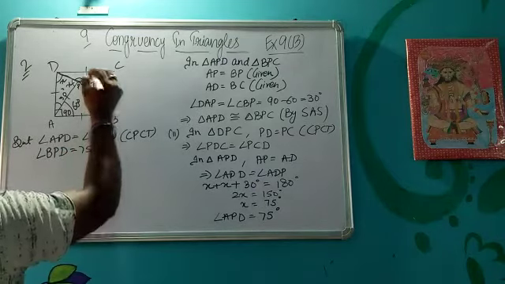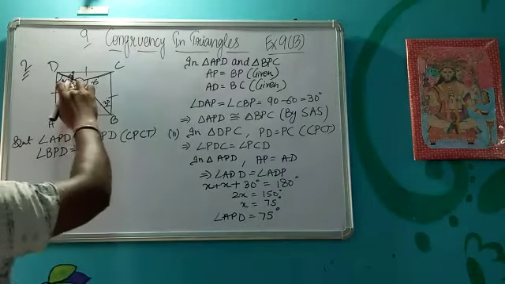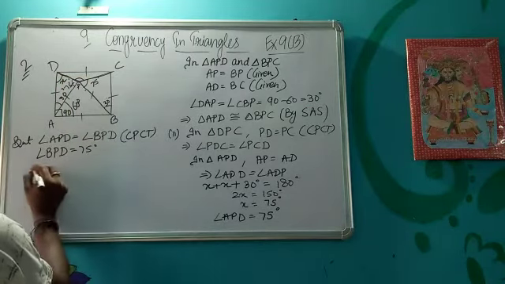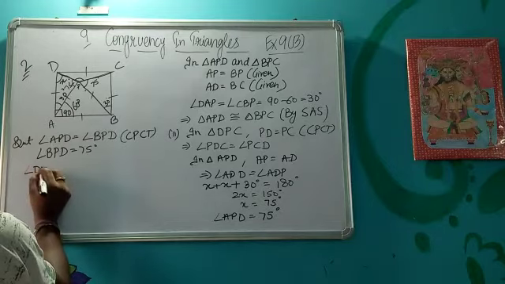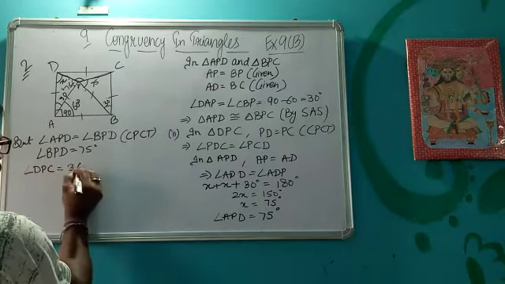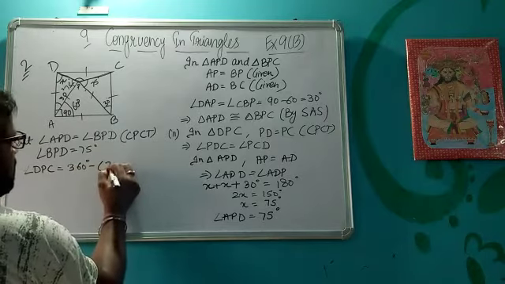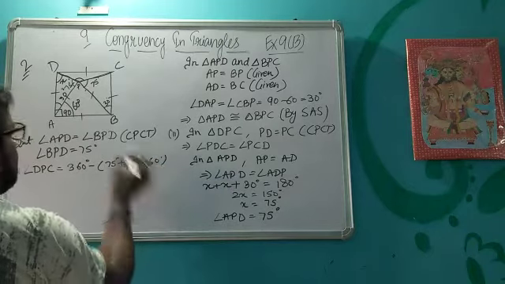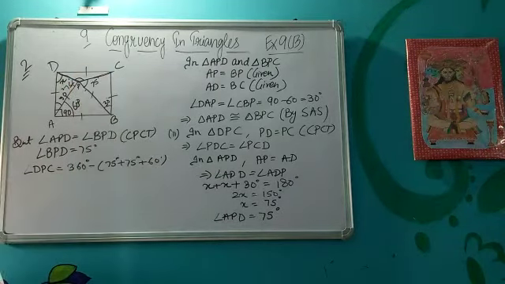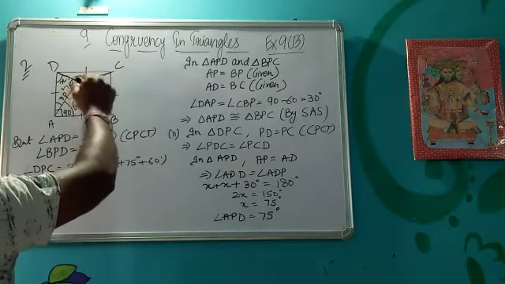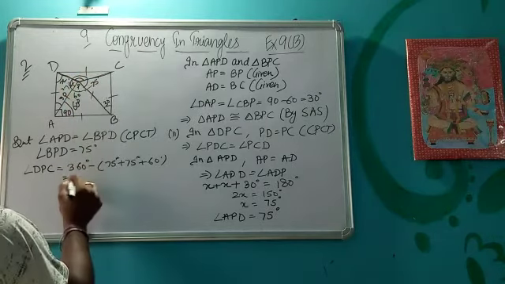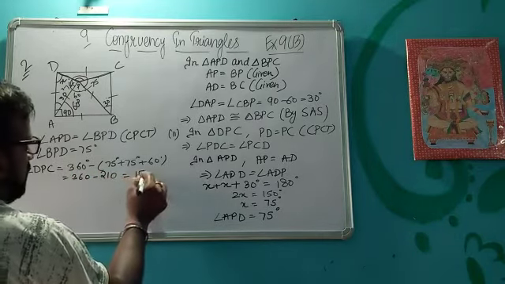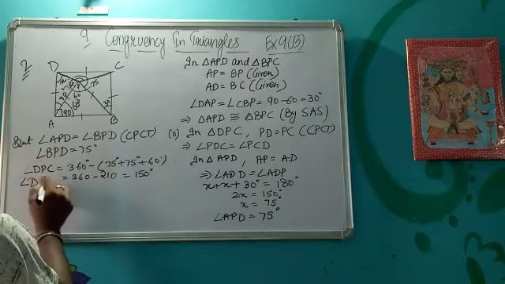So this x we have calculated as 75. So we can now calculate angle DPC, which equals 360 degrees minus (75 plus 75 plus 60). This whole angle is a complete angle, and this is 60 degrees. So this will give you 360 minus 210, that is 150 degrees. So this is the first angle that we got.